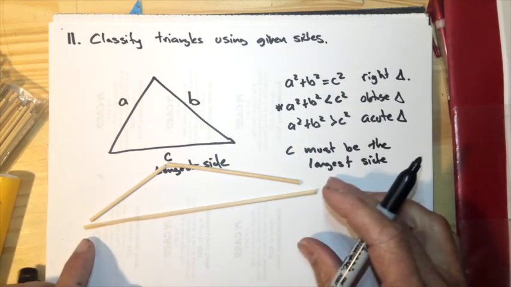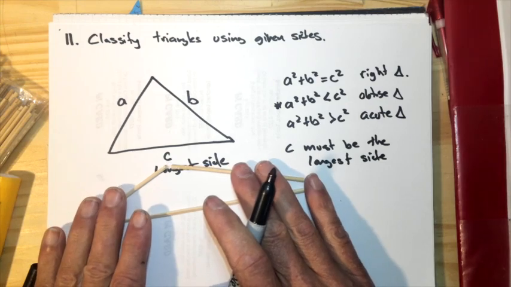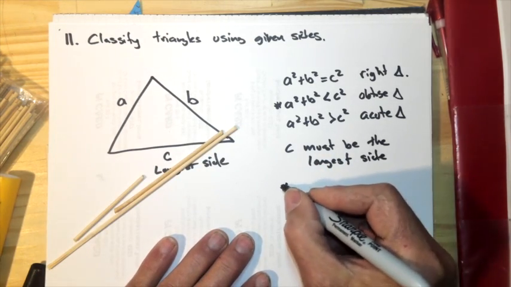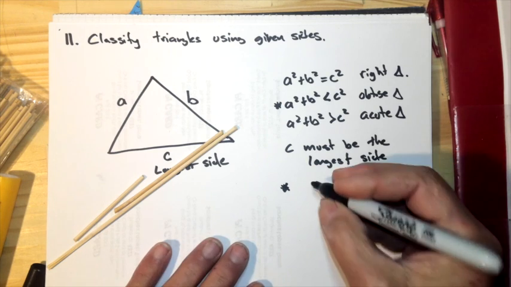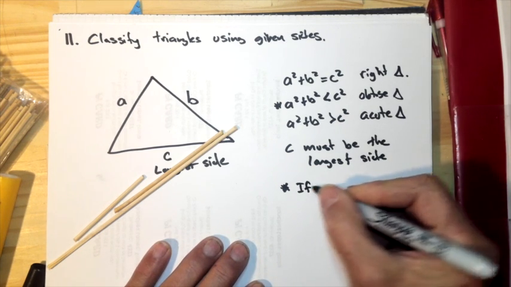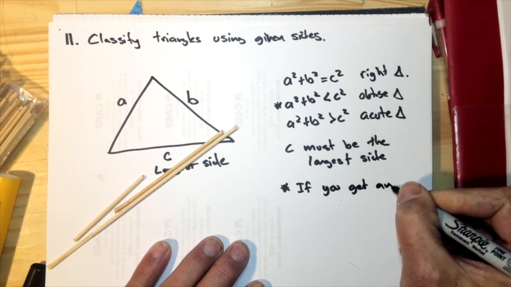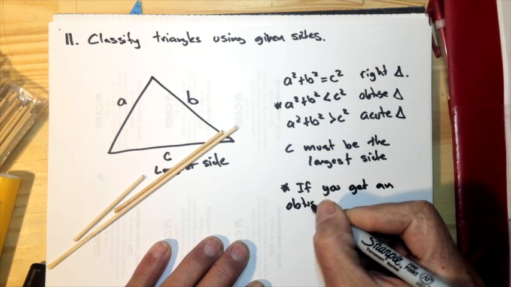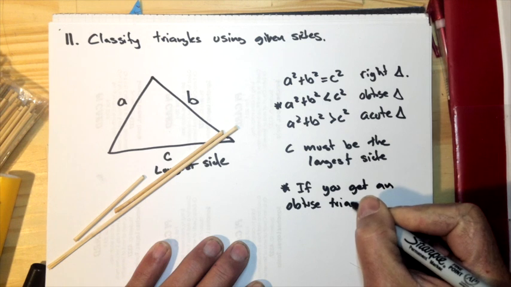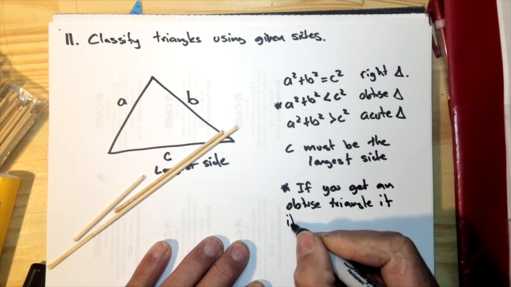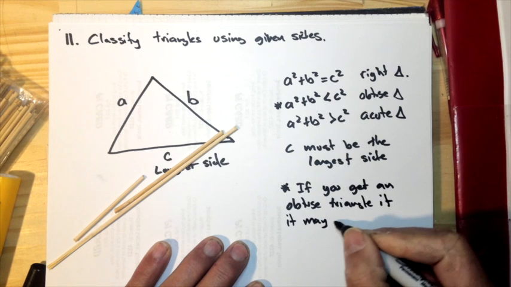This long side is just too long to even make a triangle. So let me make a note about that. If you get an obtuse triangle, it may not be a triangle at all, or it may not be possible.